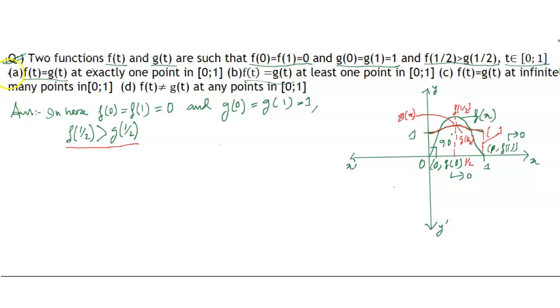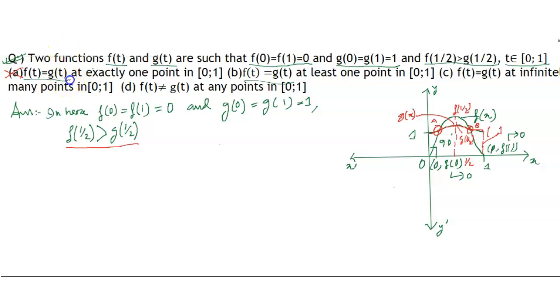You will see that f(t) equals g(t) at exactly 1 point in [0, 1] is not possible, friends, because you will see at least 2 intersection points.